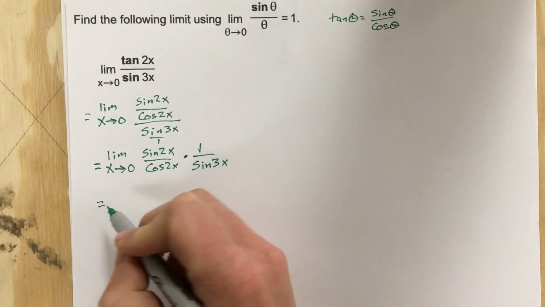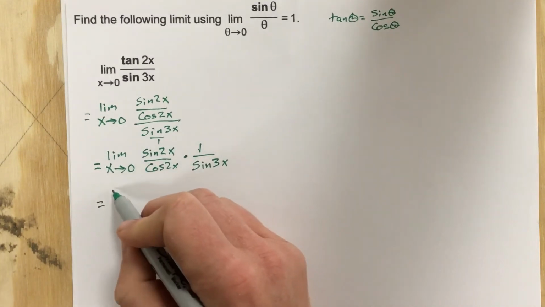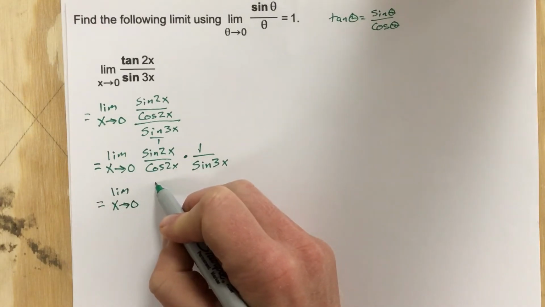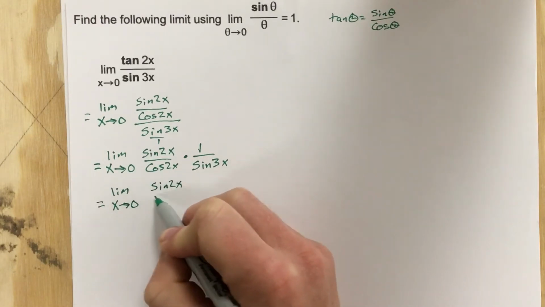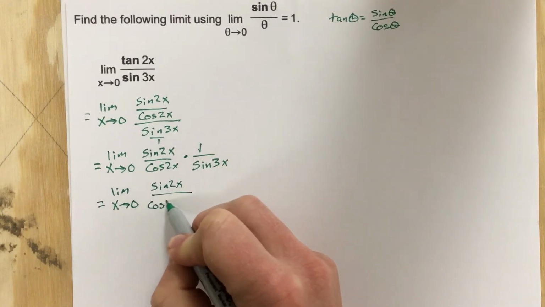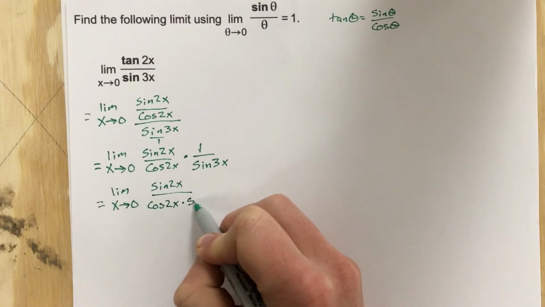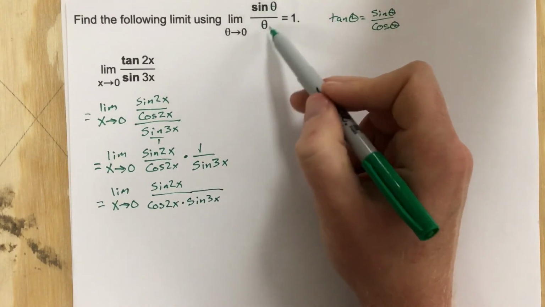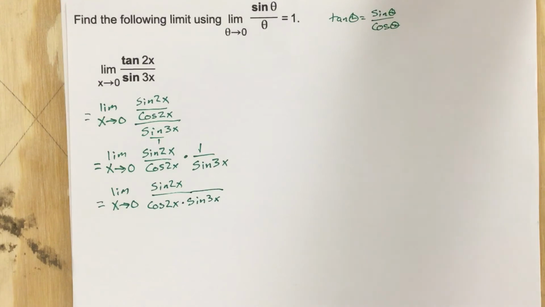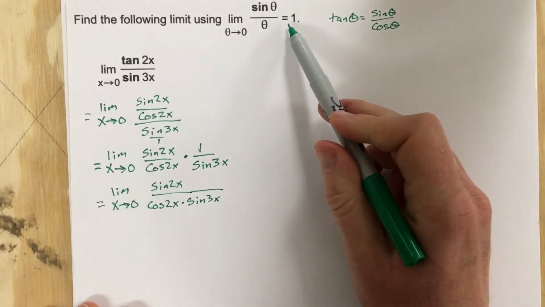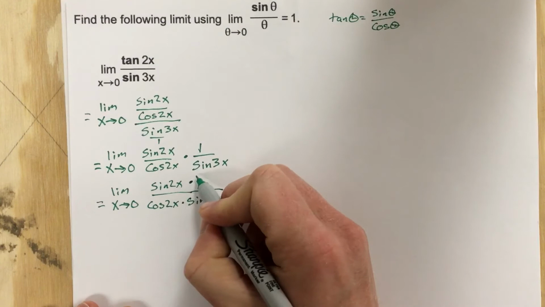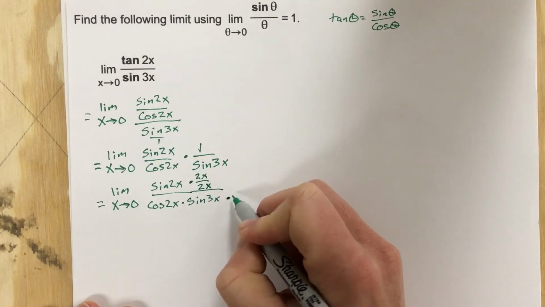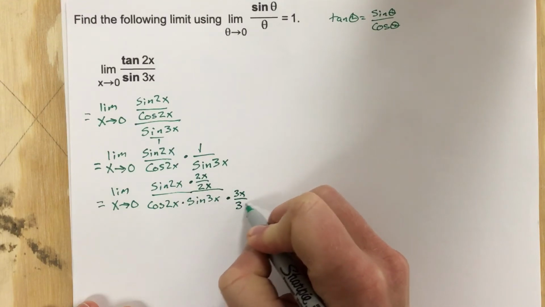So what we're going to do is that same algebra manipulation that you've seen in previous problems. We're going to write this as sine 2x over cosine 2x times sine 3x. And because I want to cancel the sines out using the property sine theta over theta equals 1, I'm going to multiply the top by 2x over 2x so I can manipulate this a little bit, and the bottom by 3x over 3x.